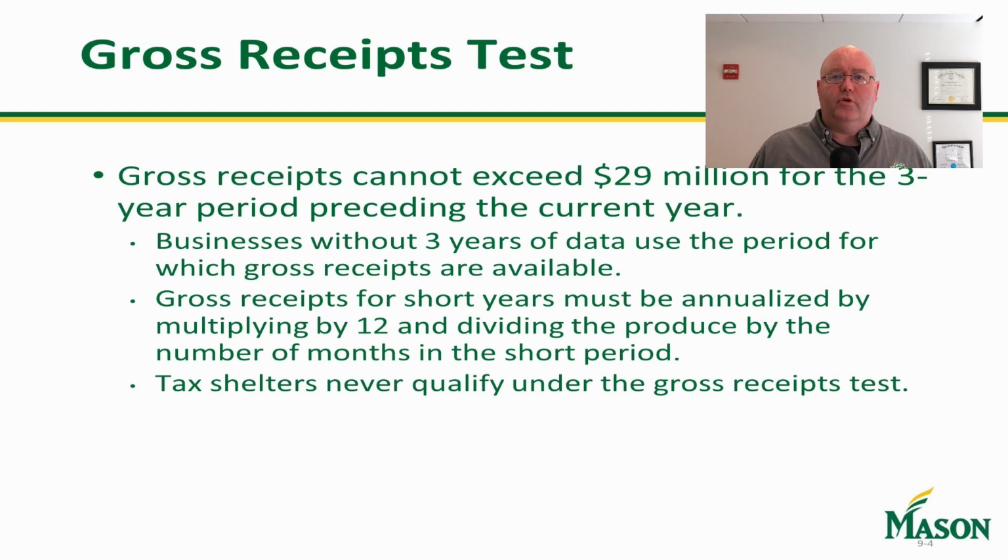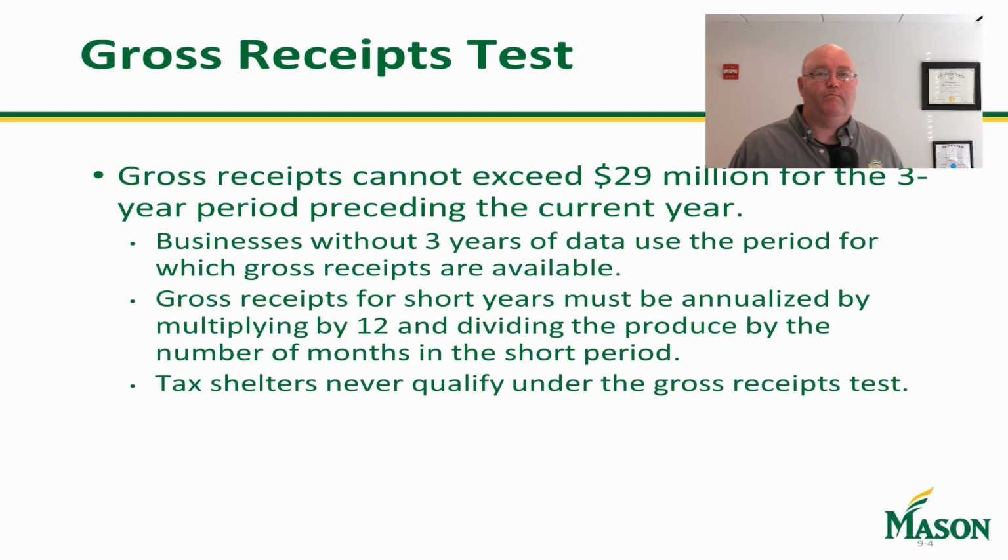For short years, you must annualize by multiplying by 12 and dividing the product by the number of months in the short period. So for example, say my company has only been in existence for 2.5 years. When I go back to that half year, I take all my gross receipts, divide by 6, and multiply by 12 to figure out the annualization.